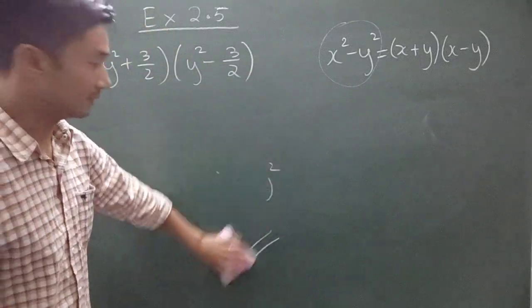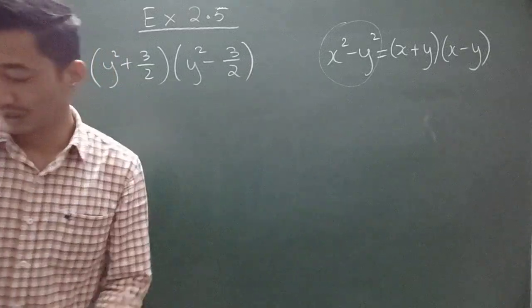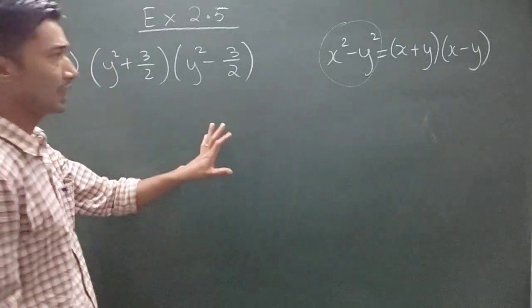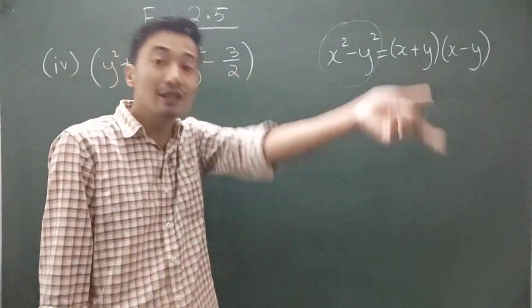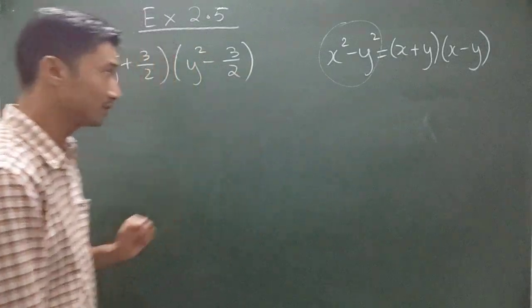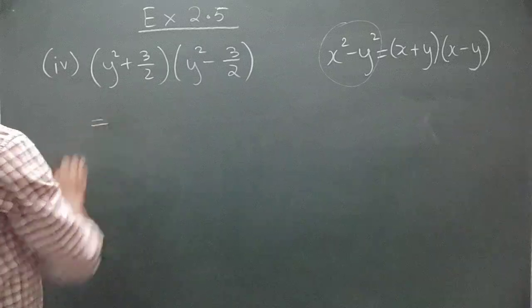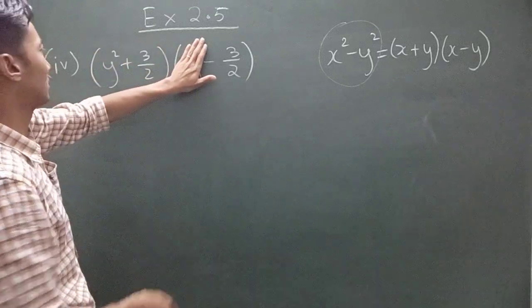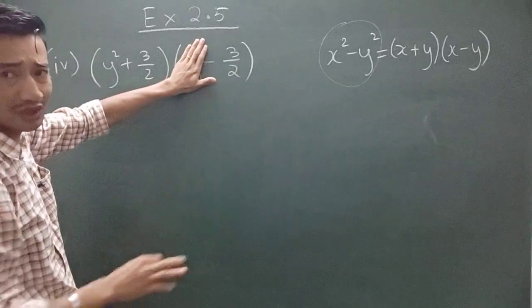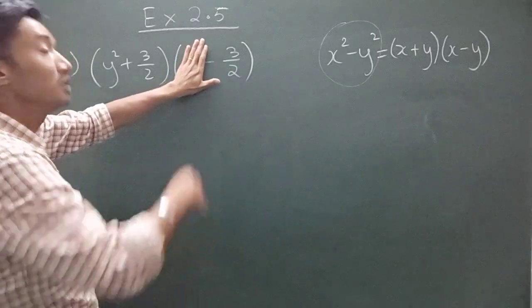This will be easier now. Number 4 is almost the same, but there will be a small confusion because of the square which is already in the square again. But don't get confused. Just imagine this as just one term, like maybe just a or b. It doesn't matter, whatever it is, we will be squaring that only.